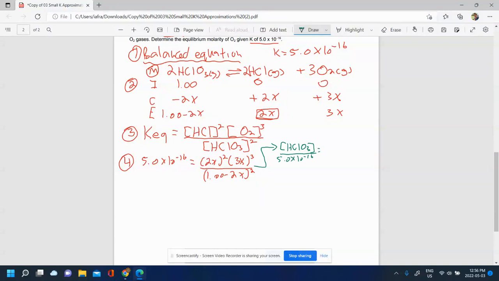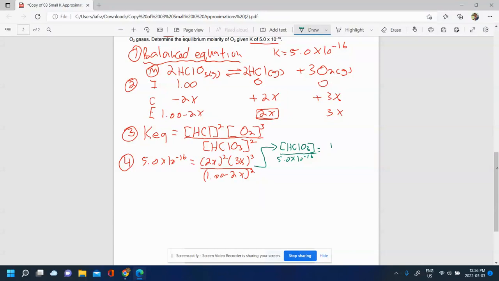I'll plug that into my calculator. So initial concentration was 1 divided by 5.0 times 10 to the power of negative 16.